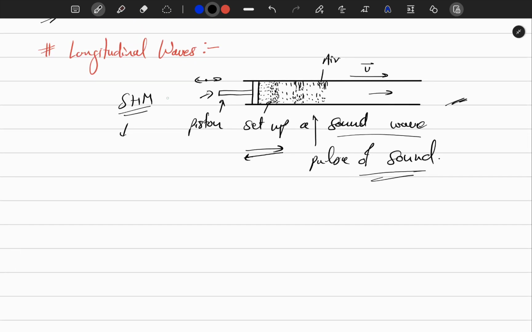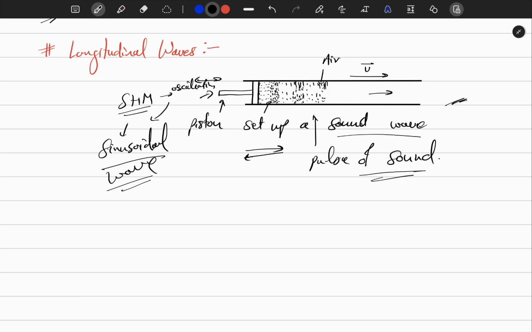SHM oscillations will lead to a sinusoidal wave.